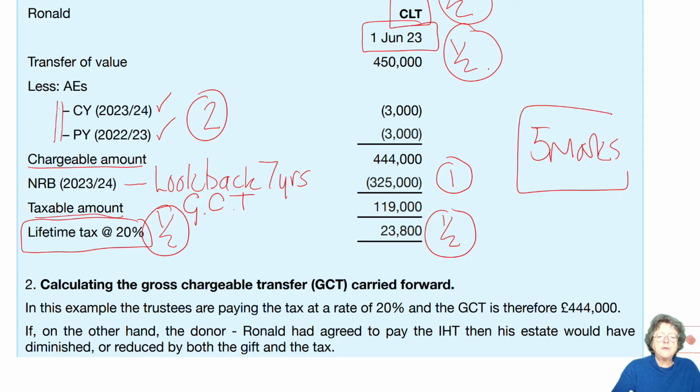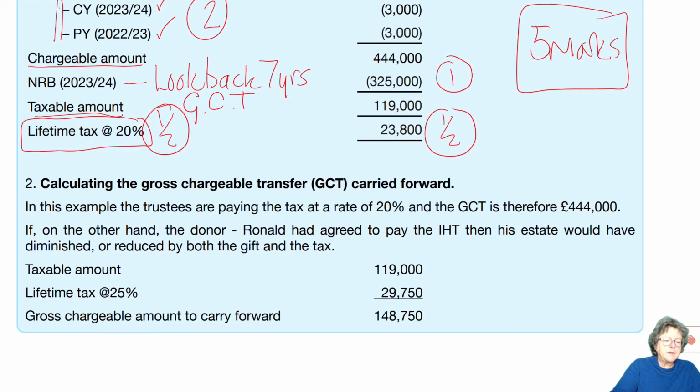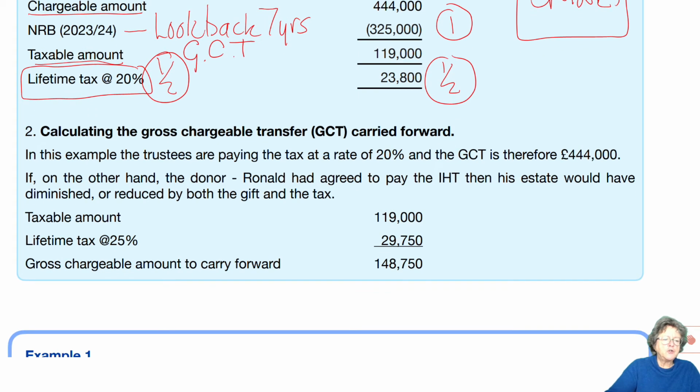Now in any exam, if they're asking you to do the same thing several times, there's usually a reason. So just be aware of that. Now we need to calculate the gross chargeable transfer carried forward. Now in this exam question, the trustees are paying the tax at 20%. So the gross chargeable transfer is 444,000.